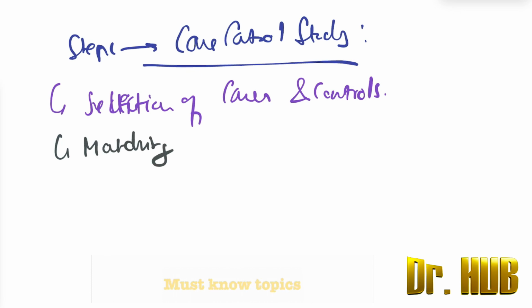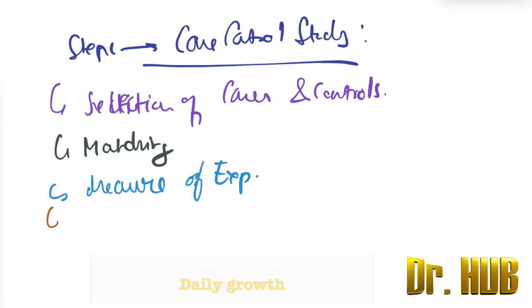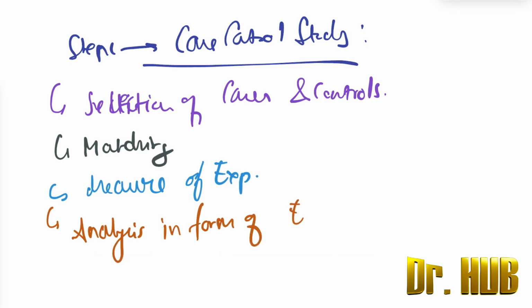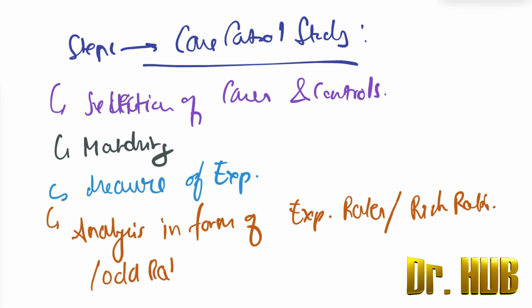You select the cases and the controls, then you match. Then you measure the exposure, and there is analysis in the form of exposure rates. Then there is also the risk ratio, and then comes the odds ratio. So all the analysis is done.